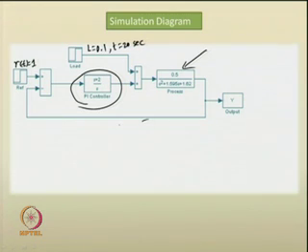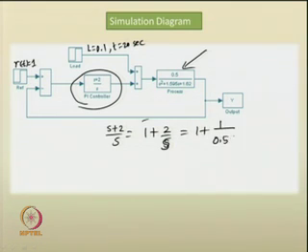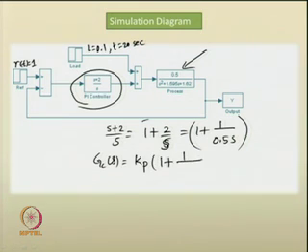So, to get it in the standard PI transfer function form, (s plus 2) by s can be written as 1 plus 2 by s, which is nothing but 1 plus 1 upon 0.5 s. So, it is in the form of Gc(s) as Kp times 1 plus 1 upon TI s, where we have got 0.5 as TI.